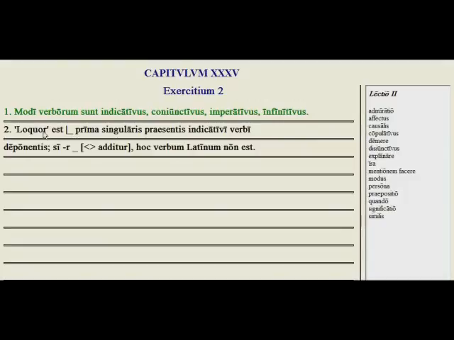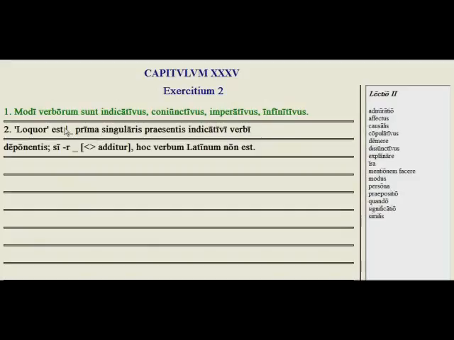Loquor est blank prima singularis praesentes indicativi verbi deponentis si blank non aditur, hoc verbum latinum non est. Loquor is, what is it? It is the first person singular present indicative of a deponent verb.